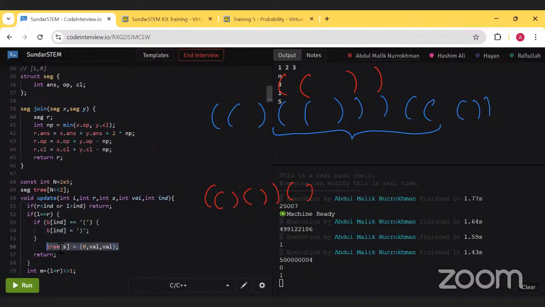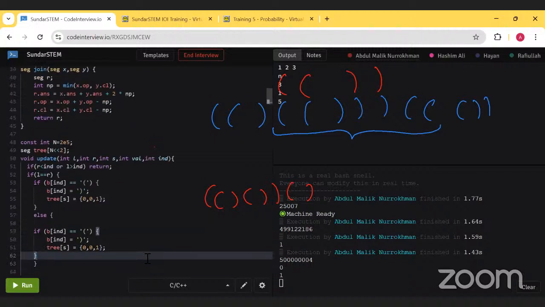So the formula will become like this. This is close. Okay. Else, sorry, this is just else.